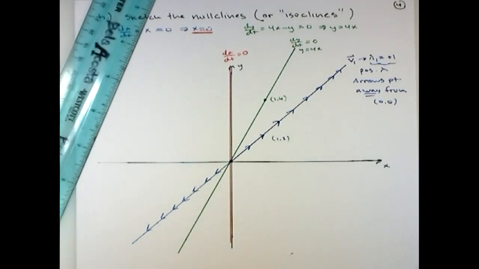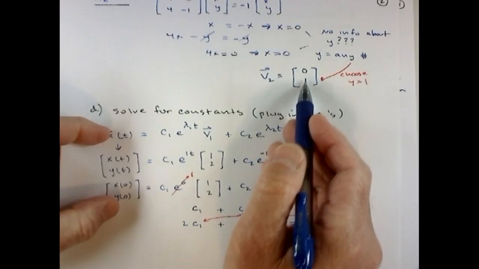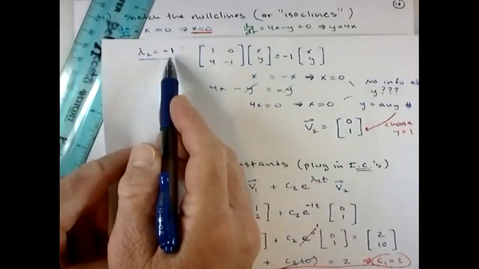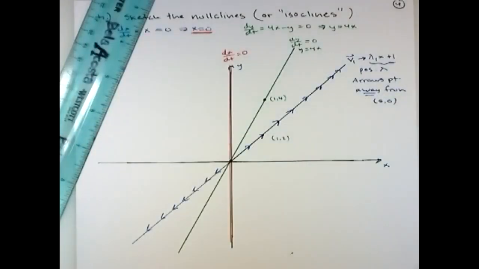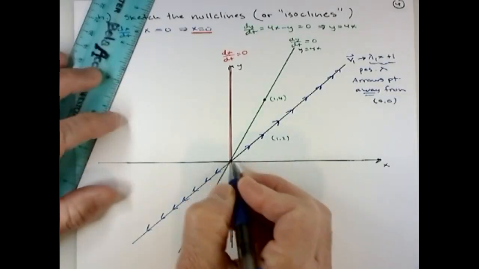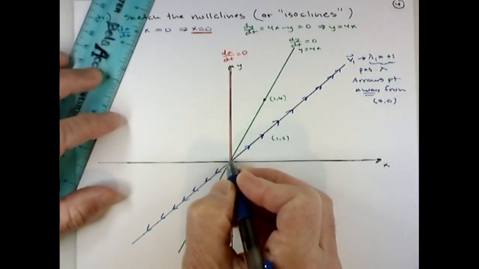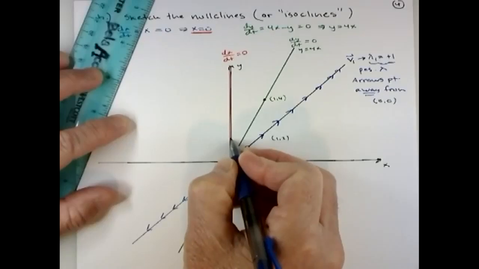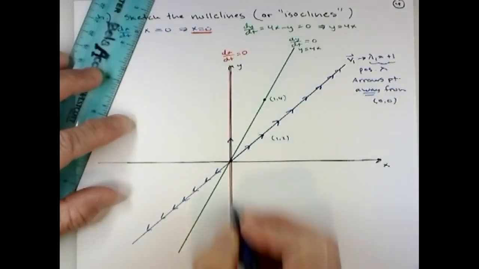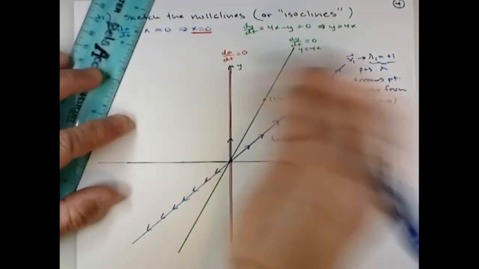Now our other eigenvector was 0, 1, right? And that was associated with the eigenvalue of negative 1. Now 0, 1 is a vector that actually goes right along my nullcline. That's just a coincidence.